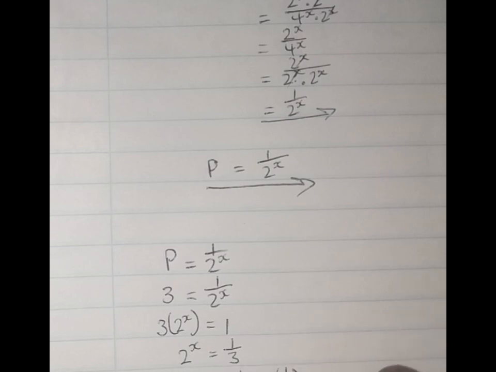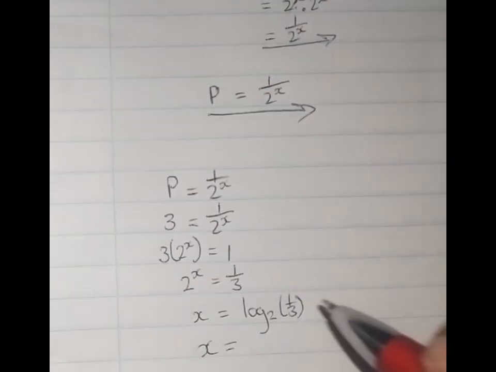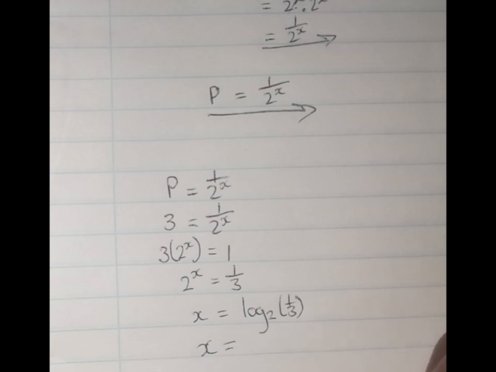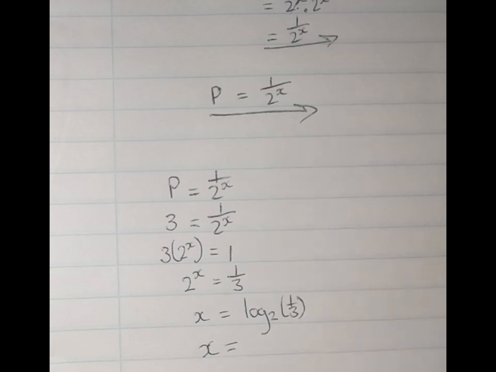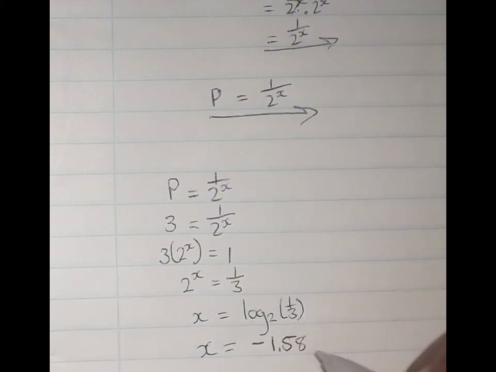And so this is going to be the value of x. You just plug that in your calculator and you'll find the answer for that question. So using a calculator, we'll have that x is equal to minus 1.58. That is rounded off to 2 decimal places.